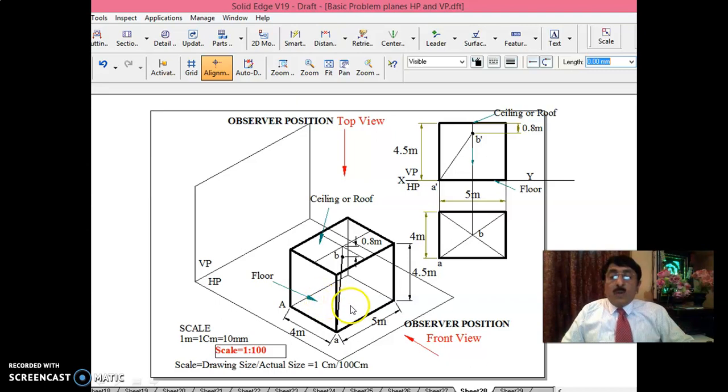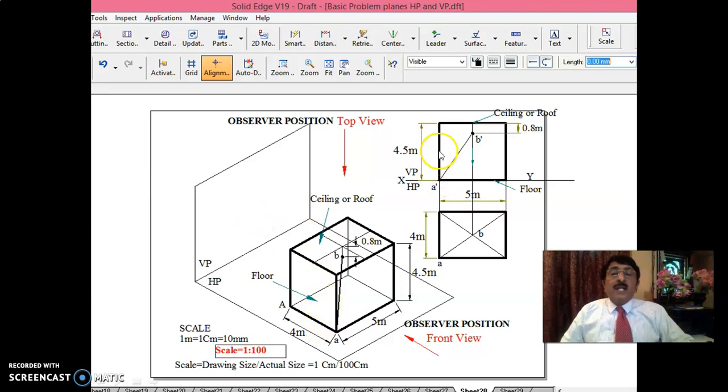This distance is 1 meter from the front wall, which means this distance is parallel to HP. So it should be located here. This is the front wall. The switch is kept 1 meter from the front wall, so you take 1 meter here. And let us say it is 2 meters above the ground, which can be seen in the front view.